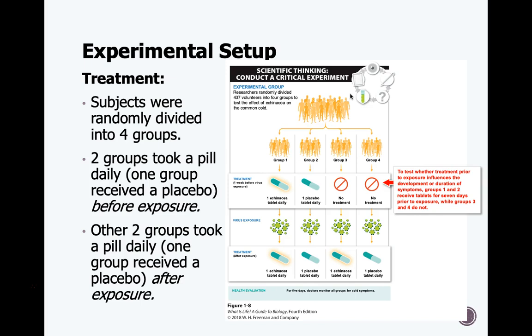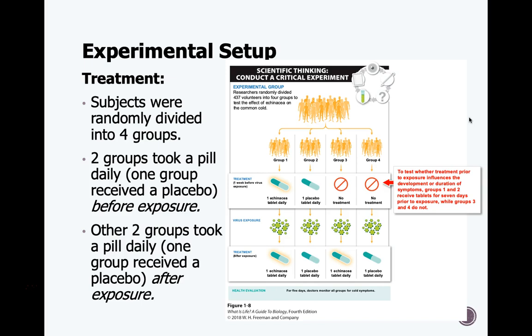So then these individuals were broken up randomly, that's really important, into 4 groups. So 2 of those groups, groups 1 and 2, took echinacea tablets once a day, and 2 of them had no echinacea at all. So that's really important because 2 of these groups are going to act as control groups.